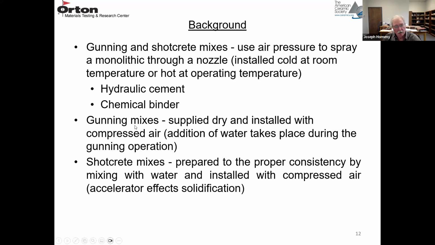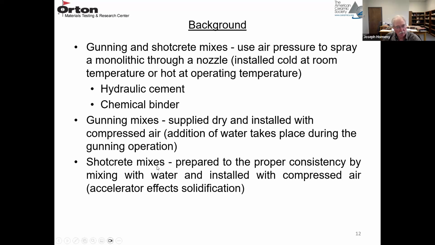So the gunning mix is supplied dry. It's run under pressure through a nozzle. The water addition takes place at the nozzle. So the dry mix is going through the system under air pressure. Water is added at the nozzle, and then that material goes into a furnace lining, such as a wall, or floor, or ceiling.